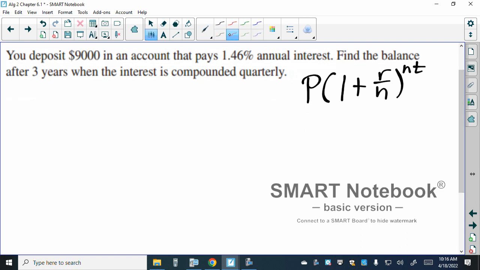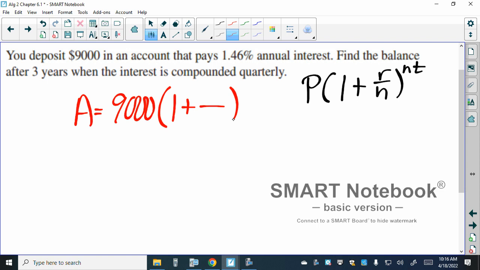Looking at this here, our amount that we want to find is equal to our principal, 9,000, times 1 plus R over N. Our rate is 1.46%, but we want to express it as a decimal, which would be 0.0146, because we got to move the decimal 2 places to the left.